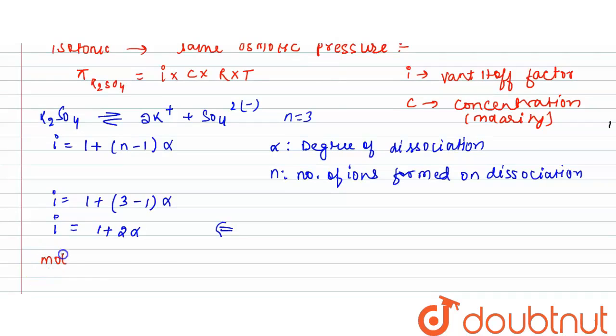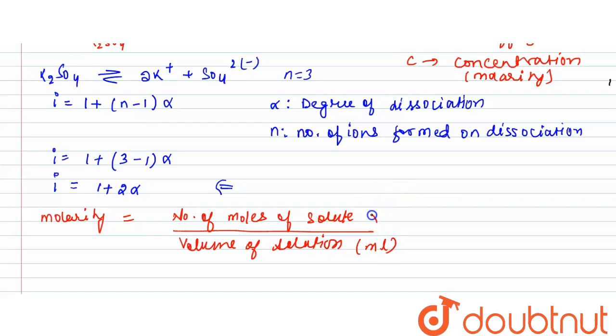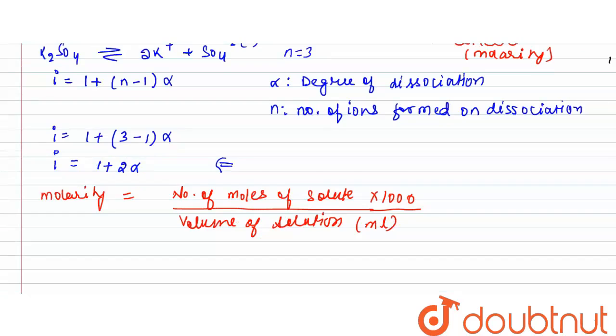For molarity, we all know molarity is equal to the number of moles of solute present in 1 liter of solution. So you can say divided by the volume of solution; if you are taking it in milliliters, then you need to multiply the numerator by 1000 to convert it into liter.